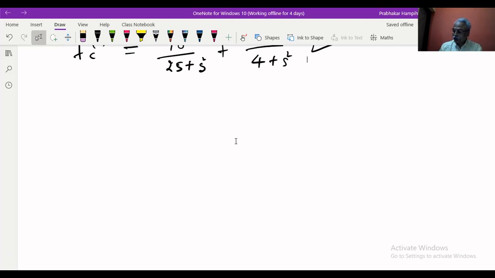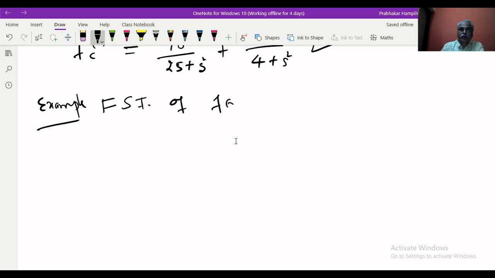If at all we are asked the Fourier sine transform of a particular function, suppose, find the Fourier sine transform of f of x equal to, which has got two parts, either sin x or 0.